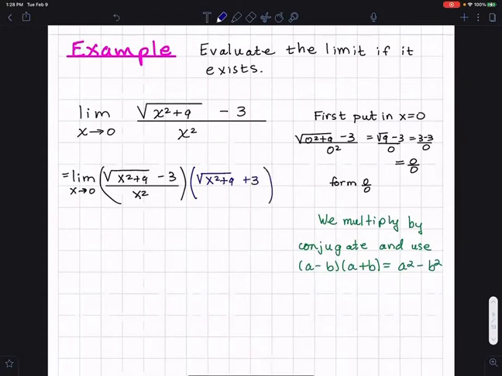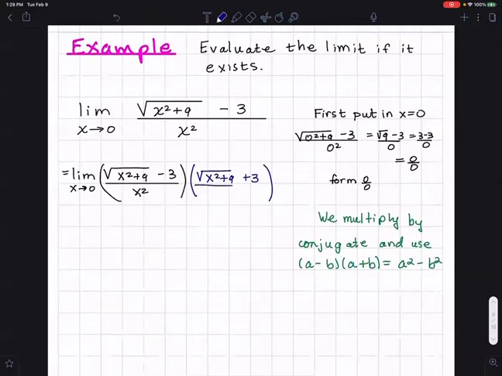That's what the conjugate is. There's different conjugates, but in this context with a radical, I have radical x squared plus 9 plus 3, while the other one has radical x squared plus 9 minus 3. And what I want to do is multiply the denominator by that same expression. We do something very similar when we rationalize the denominators of a fraction. But we don't need to talk about that too much.